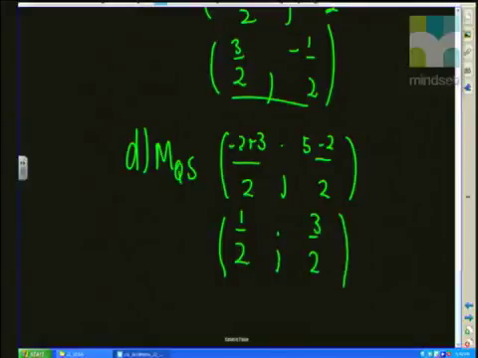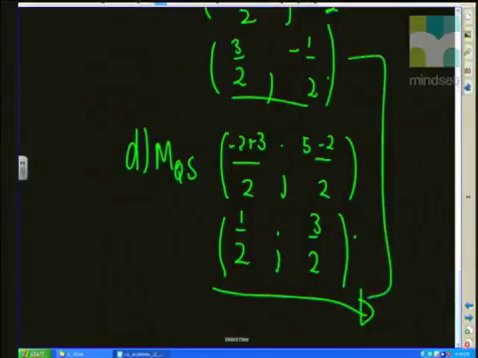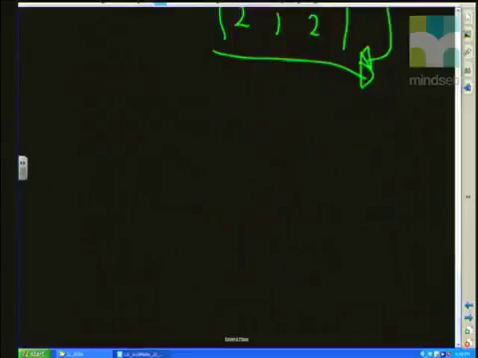Okay, so as you can see, your midpoints, they look similar, but they're completely different. So therefore, we do not have the same midpoint, right? So we've disproved.